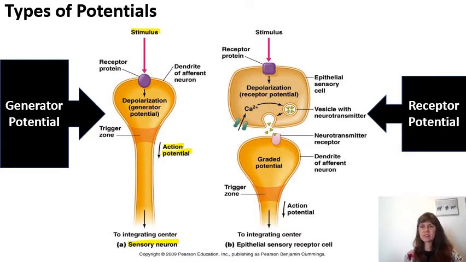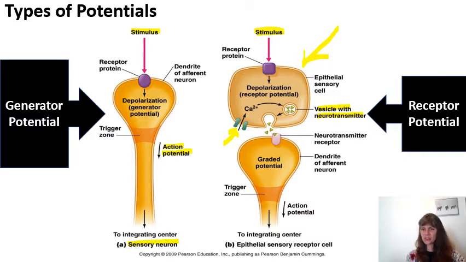On the right-hand side, we see a great example of a receptor potential because we have a special receptor cell that is going to receive the stimulus. When the stimulus affects the membrane of the special receptor cell, that will cause the voltage on the membrane to change, allowing calcium to enter the cell, triggering the cell to release its vesicles containing neurotransmitters into a synaptic cleft between the receptor cell and the neuron.